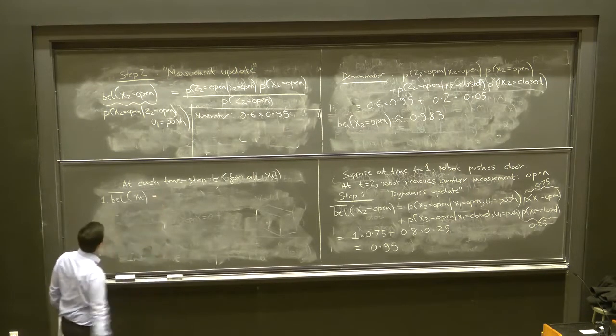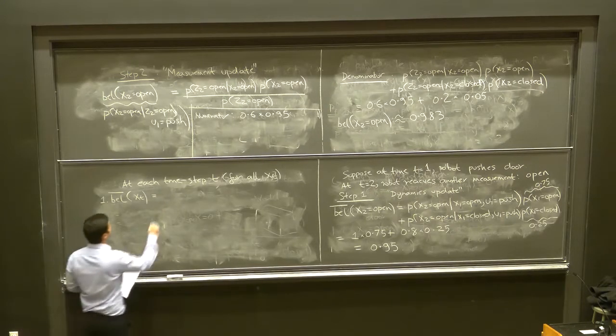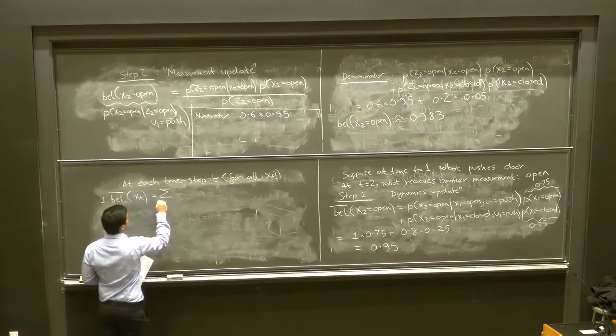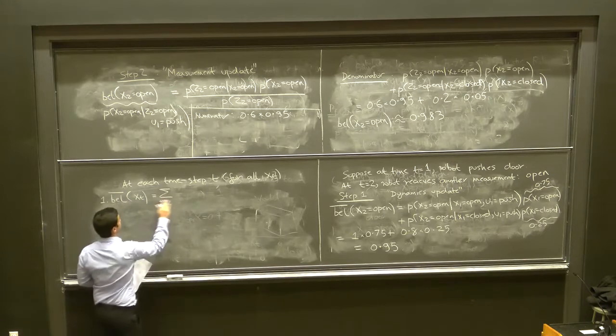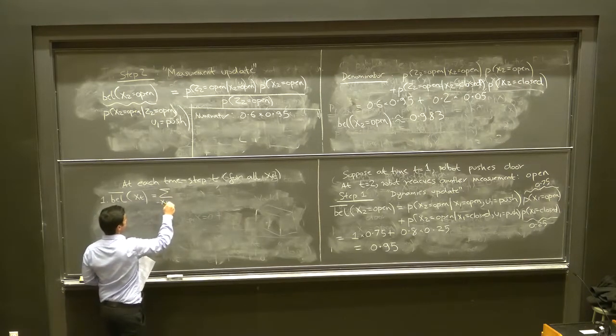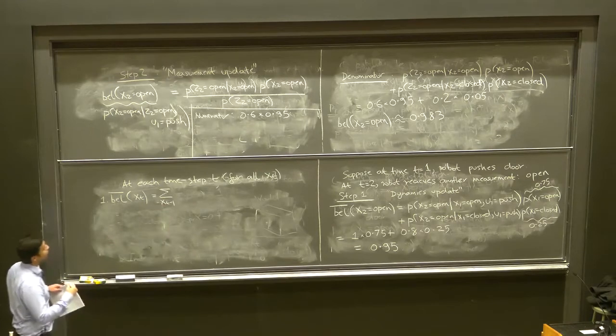So the first step is summing over, and we're just applying the law of total probability.